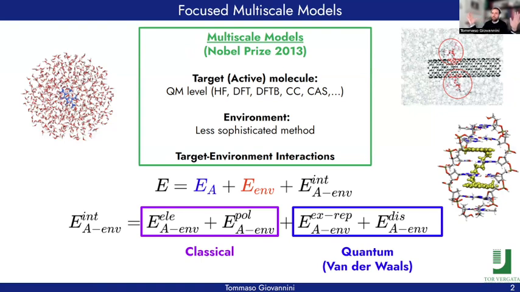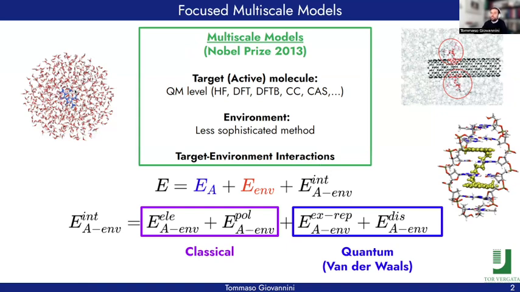While the environment, since it affects but does not determine the signal, you are not actually interested in describing its electronic properties, so you can treat it using a less sophisticated approach. And then you translate your problem into a proper description of the target environment interaction.